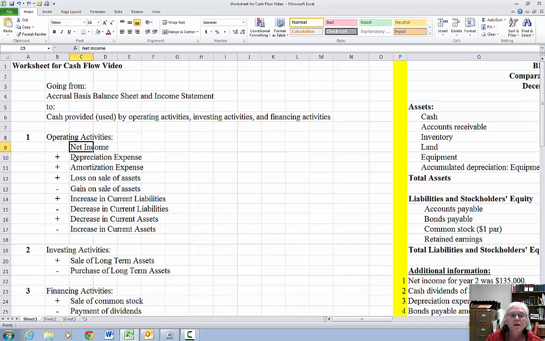So, depreciation expense, if you look at your journal entry to record depreciation expense, you debited depreciation expense and credited accumulated depreciation. There's no cash in that journal entry. So we add back depreciation expense, and then amortization and depletion expense all work the same way.